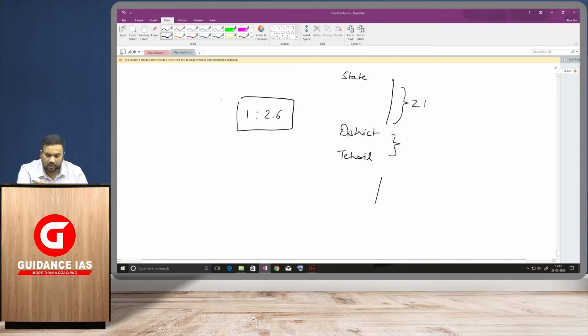Similarly, if you look at the block, below that there is gram panchayat. It was found that one block was serving around 40 gram panchayats on average. So here also the value of k is much higher than 7.